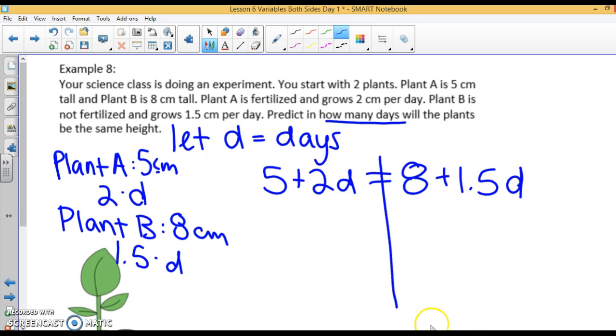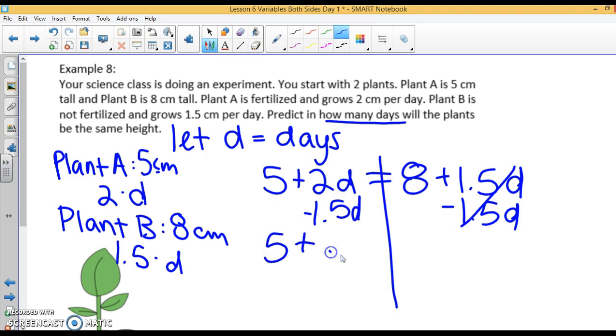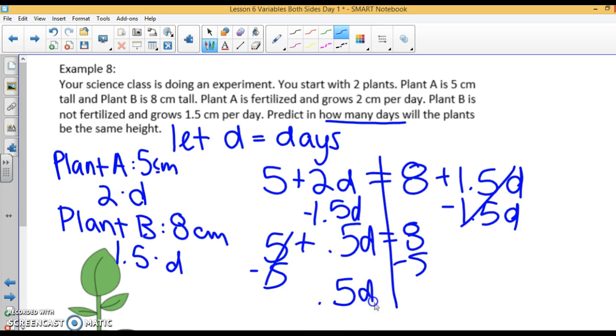And now we can solve. We're going to move our variables to one side. I'm going to subtract 1.5D from each side, which gives me 5 plus 0.5D equals 8. I'm going to subtract 5 from both sides, which gives me 0.5D equals 3.